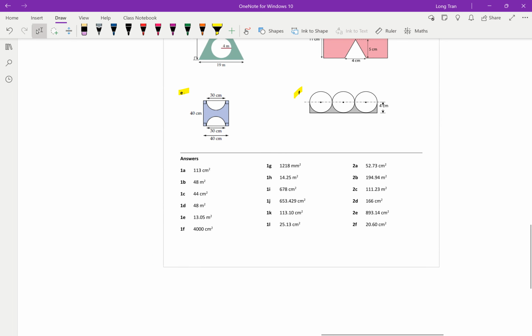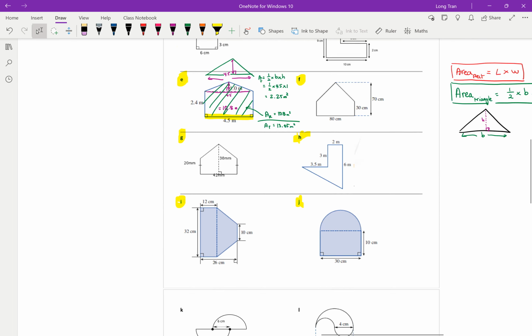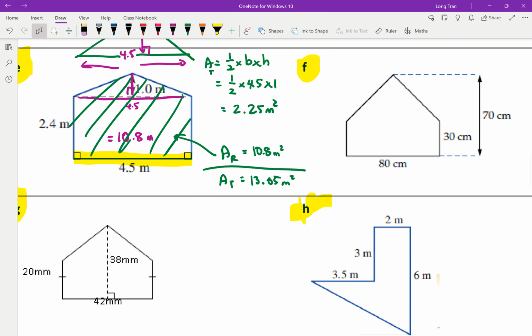Okay, so the next 3 questions are actually the same. So can you see how I can split this into a triangle? See, that's a triangle. So the base of the triangle is 80, but you need to know what the height is from here to here. So how would you find that out?